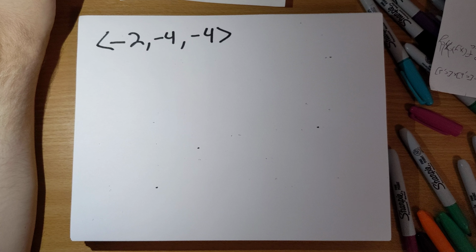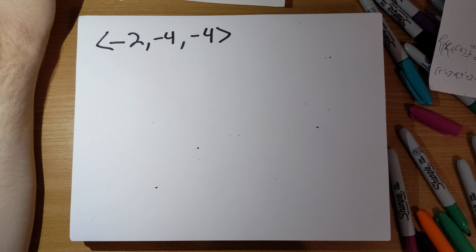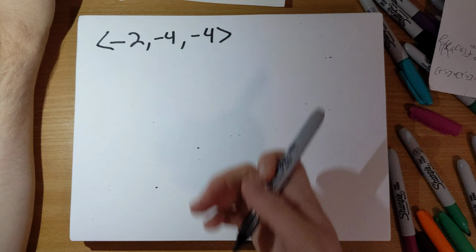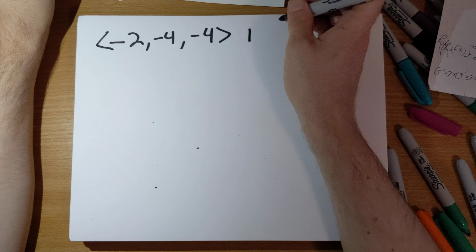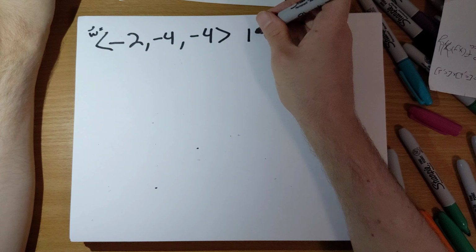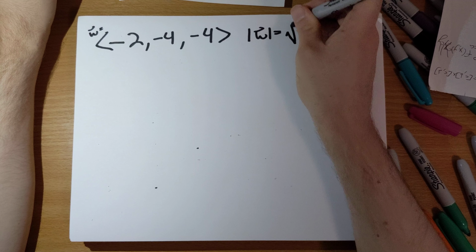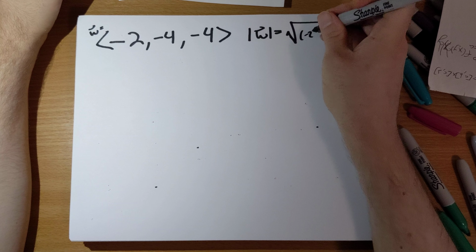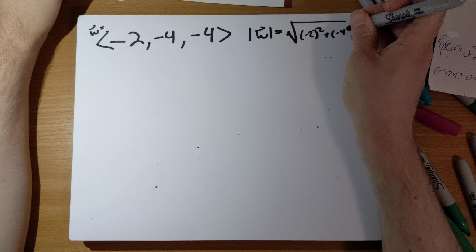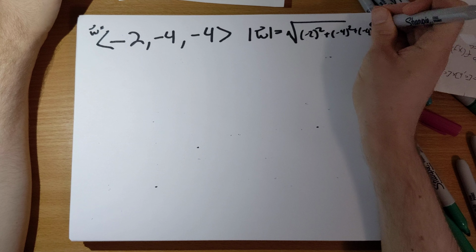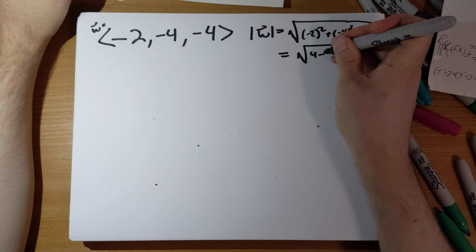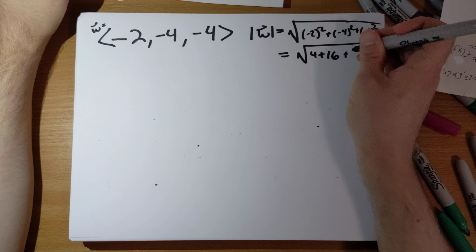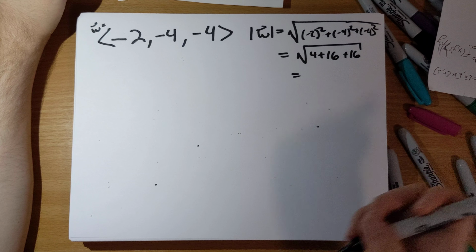Now the catch is, if we read the problem carefully, it says we're being asked for a unit vector. And so we need to turn this into a unit vector. What is the magnitude of, let's call this W? The magnitude of W is going to be the square root of negative 2 squared plus negative 4 squared plus negative 4 squared. So this is 4 plus 16 plus 16 under the square root.